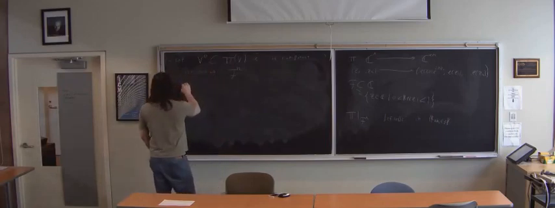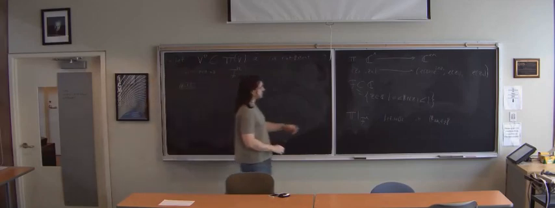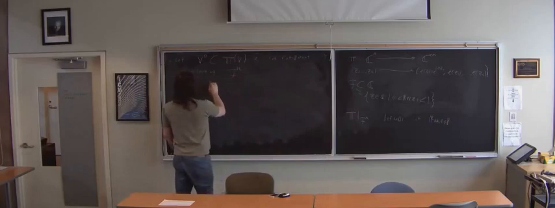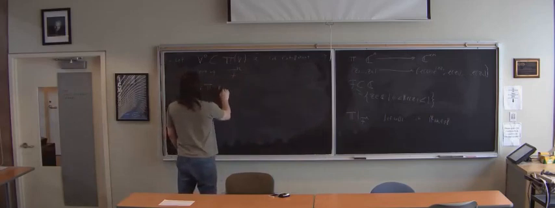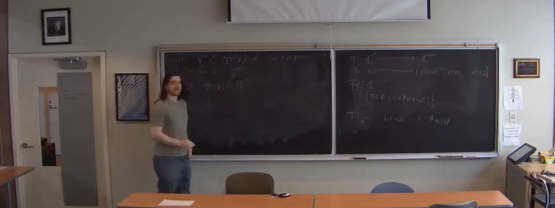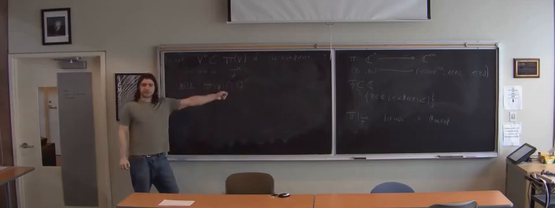And so note, as a consequence of pi being definable on F to the n, if we look at pi inverse V and intersect with F to the n, then this is a definable set in R_an,exp.